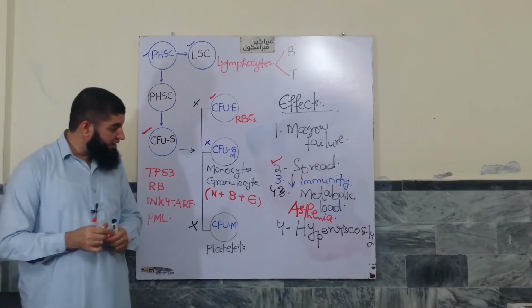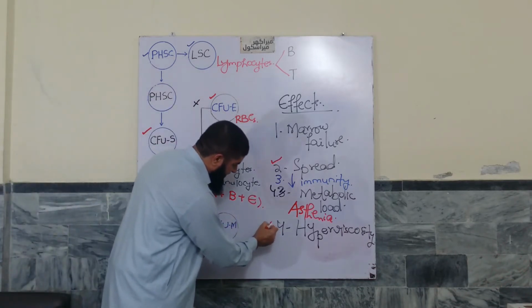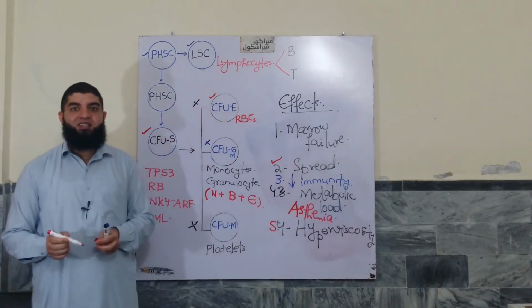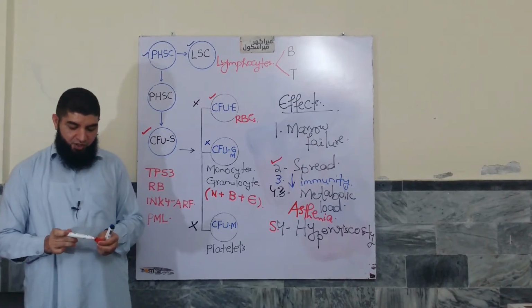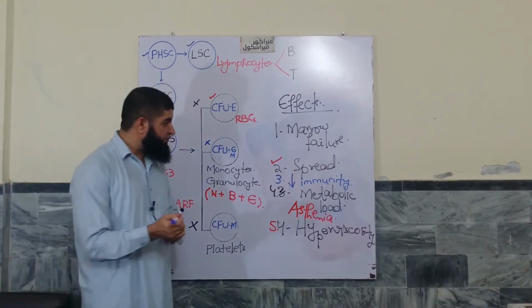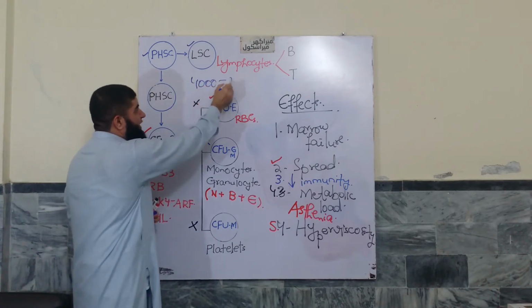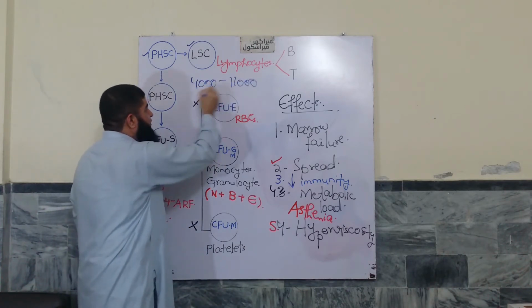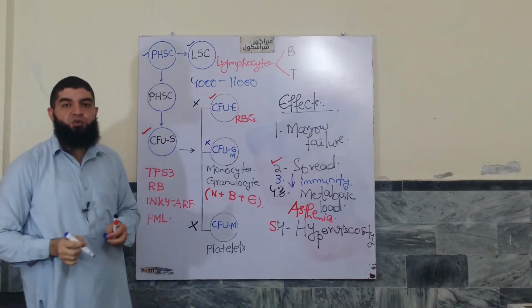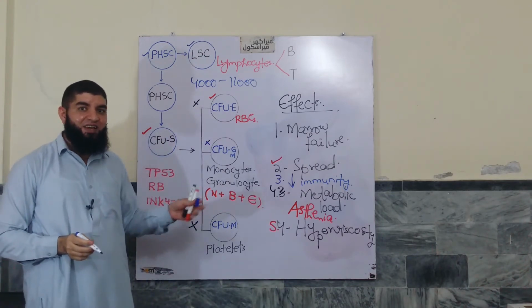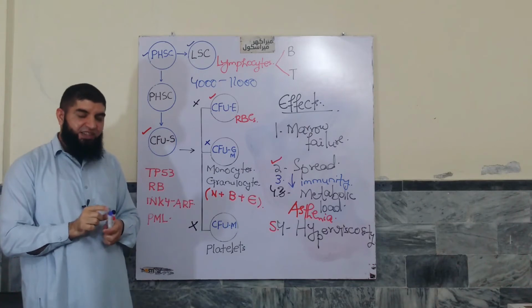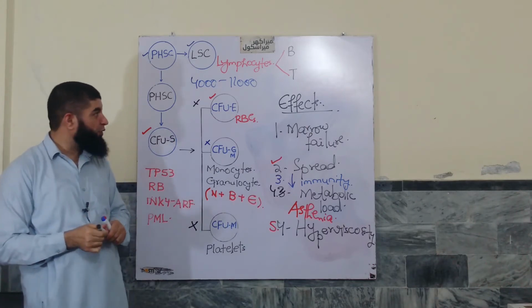The last one here at number 5 is the tendency to cause hyperviscosity. Normally we have, as we mentioned earlier, about 4,000 to 11,000 white blood cells in each cubic millimeter of blood. If there is uncontrolled proliferation, the output increases proportionately.